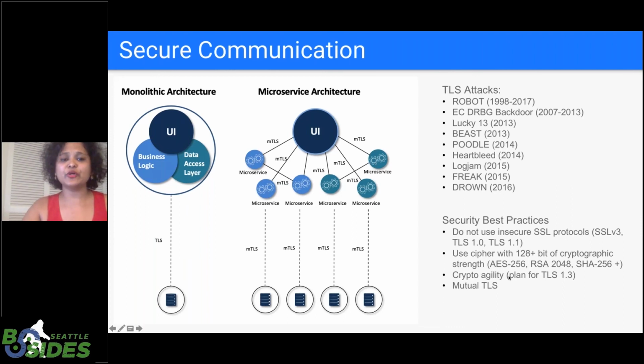Make sure you do not hardcode any ciphers, algorithm, or key size, but make your code agile enough so that if you have to upgrade certain TLS protocols or ciphers, you can do that. TLS 1.3 is coming January 2022. So ensure that it's very easy in your crypto code to upgrade to TLS 1.3 when it comes.